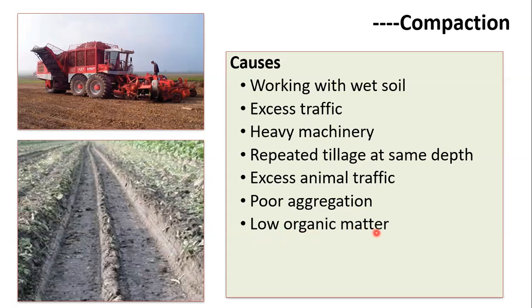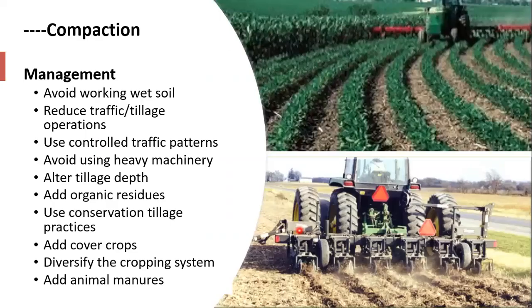Low organic matter is also relevant to poor aggregation. If we have more organic matter, it will enhance the aggregation, and it also softens the soil and enhances the porosity of soil. So keeping in view these causes, we can manage: we can avoid working the soil when it's wet.